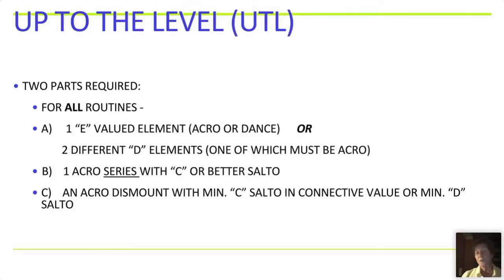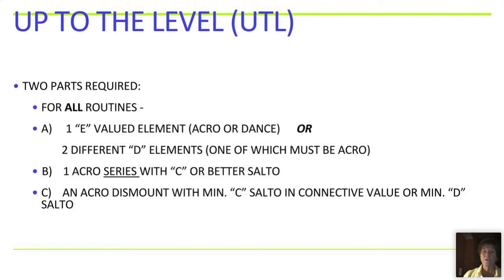There are 2 parts required for all routines: a 1E acro or dance, or you can have 2 different Ds, one of which must be acro. So they couldn't have 2 dance skills. They could have 2 D acros. They can only have one of the Ds as a dance.